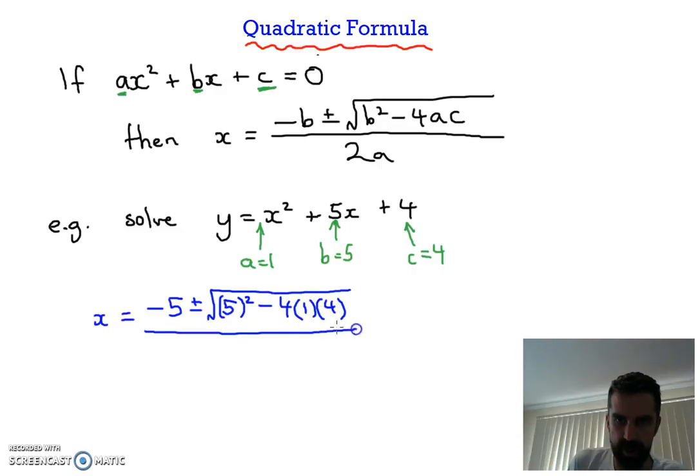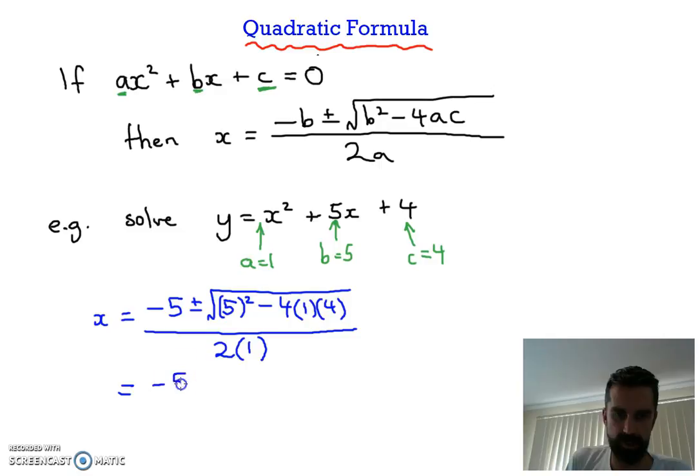And then we're going to divide that by 2 times 1, which is a. Notice that I'm not writing multiplication signs, but I'm putting everything into brackets, which implies that they're being multiplied together. It's important to use the brackets because sometimes these numbers are going to be negative. I've chosen a very easy example here. We'll do a harder example in a moment, but if they were negative, it's really important to have the brackets because often you have to really think about all of the negative signs involved.